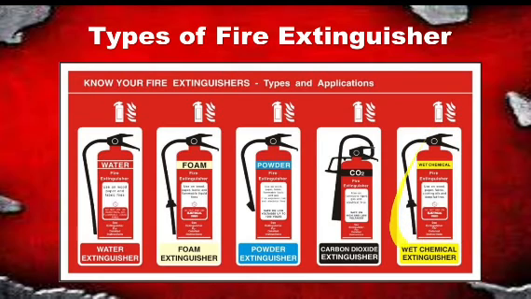It says here, do not use on electrical. This wet chemical extinguisher cannot be used on electrical. So, these are our superheroes of fires: the water extinguisher, foam extinguisher, powder extinguisher, carbon dioxide extinguisher, and wet chemical extinguisher.